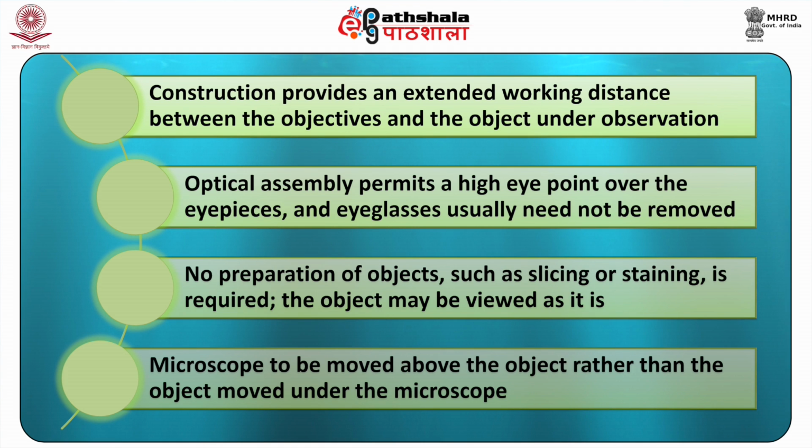Sixth, its optical assembly permits a high eye point over the eyepieces and eyeglasses usually need not be removed. Seventh, because of the low magnifications used with reflected light, no preparation of objects such as slicing or staining is required. The object may be viewed as it is.